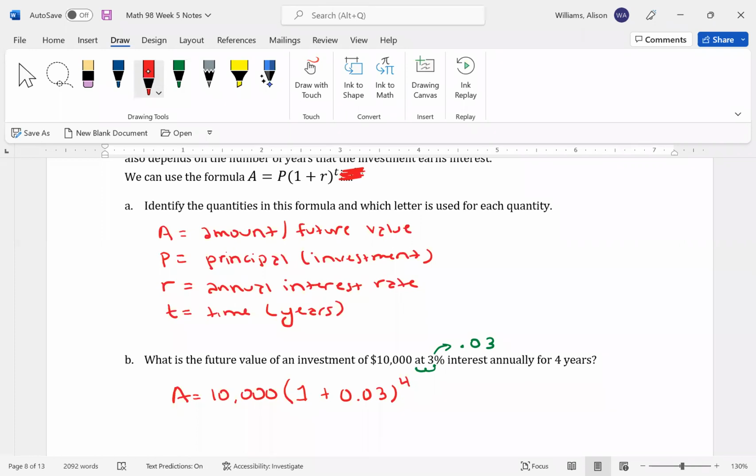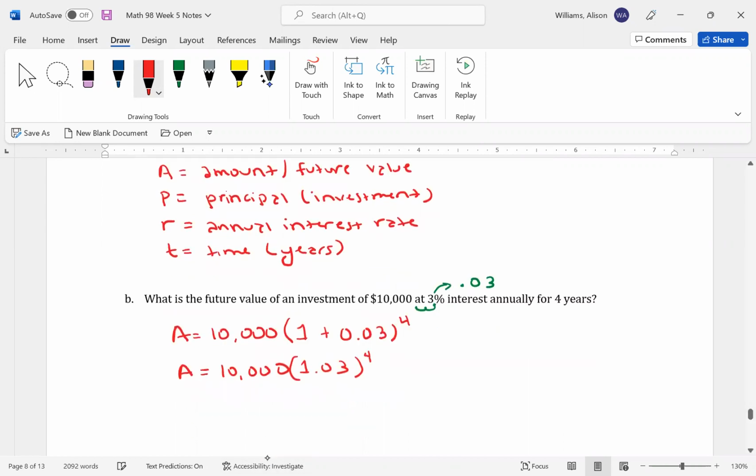So first thing I'm going to do, like I said earlier, we got to start with those parentheses. So we're going to do 1 plus 0.03, which is just 1.03, raised to the 4. And we need to do the exponent next.